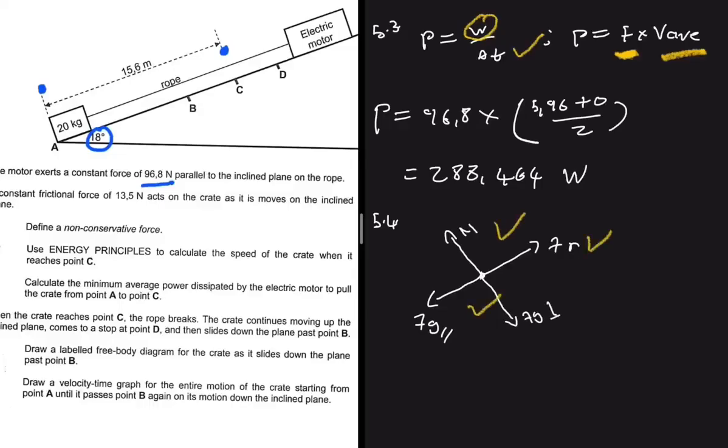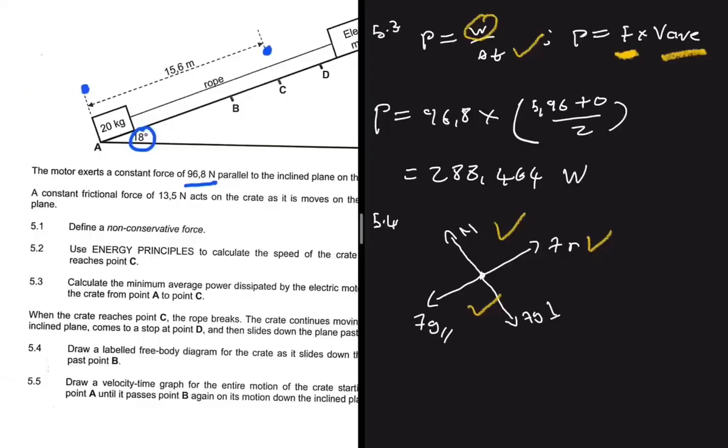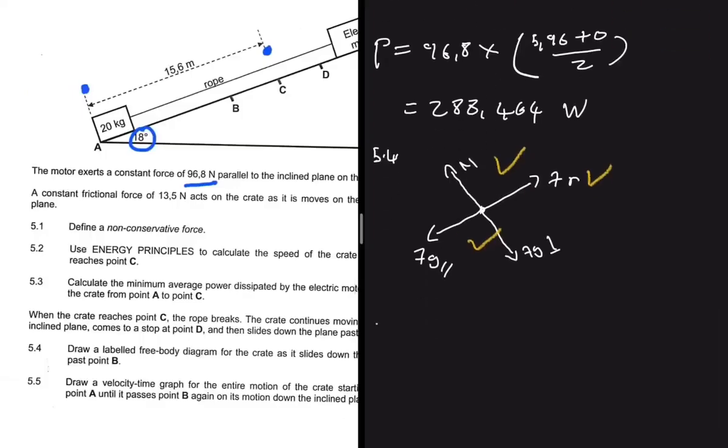I'm expecting this question to be out of 3 marks because we have identified 3 forces. And indeed it is. So now I'm convinced that I have the correct free body diagram because my number of forces correlates with the marks for the question. All right, and then 5.5, let's look at what 5.5 says.